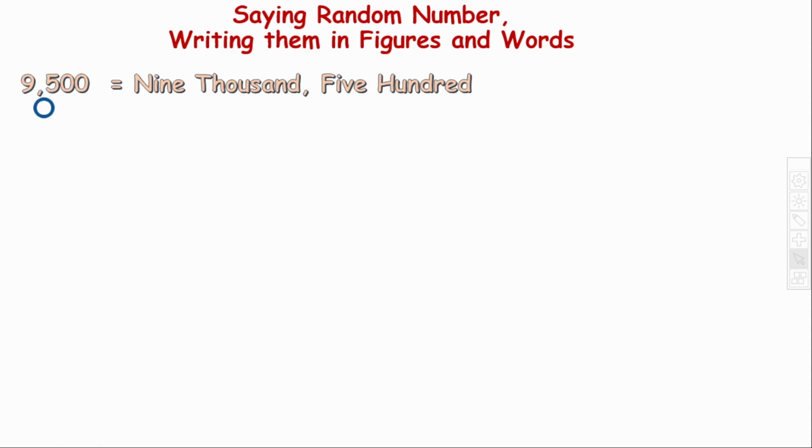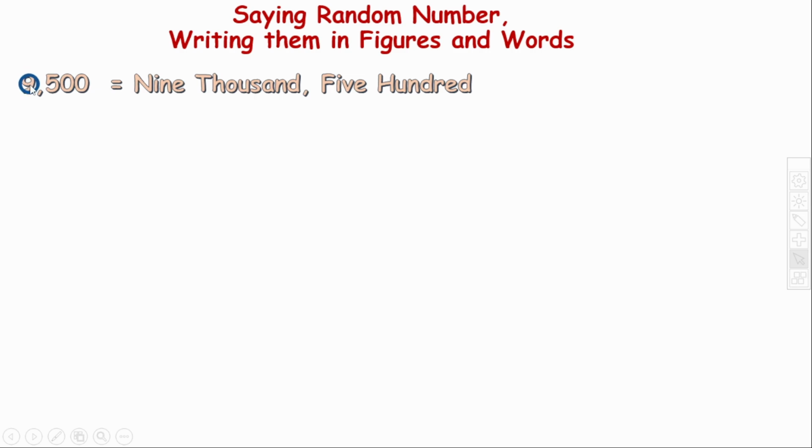First, you want to write 9,000. You write that 9, and you know 1,000 is represented with 000 at the back. So that means you've written 9,000. But this time around, you want to write 9,500. So instead of writing 000 to make it 9,000, you write 500 at the back.